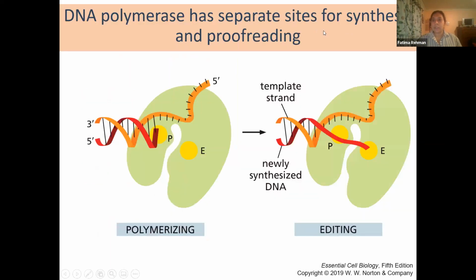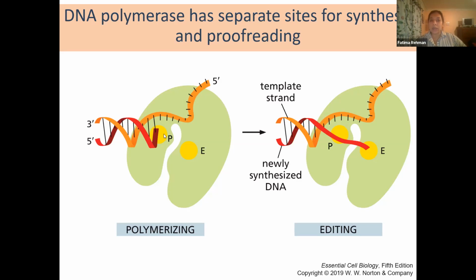Okay, so here you can see those separate sites in this particular model. You have a polymerizing side and you have the editing side of your DNA. When it is polymerizing, it is just interacting with this, and this back end is not incorporating anything at all. It's just hanging on there while this is moving along.